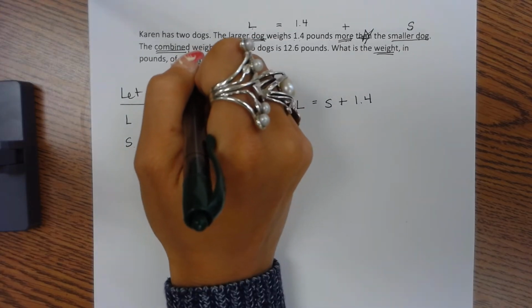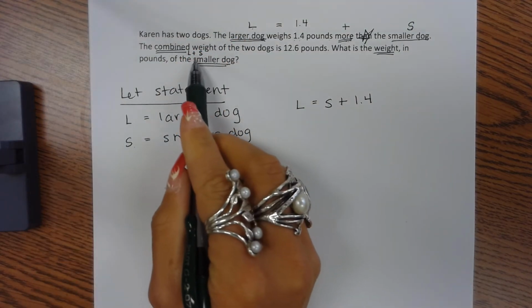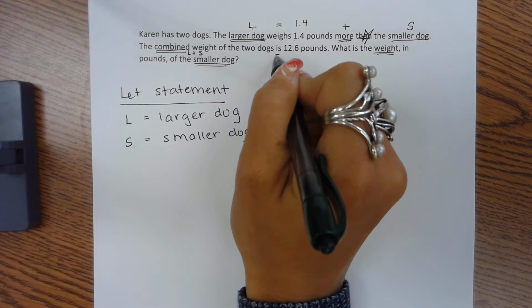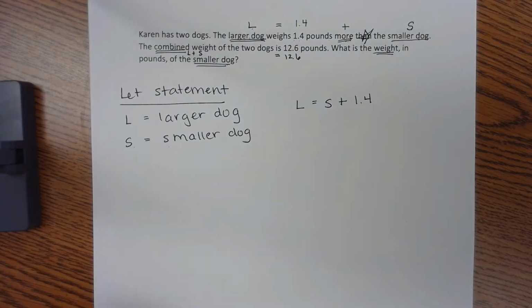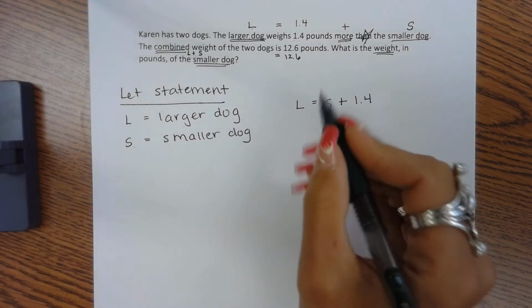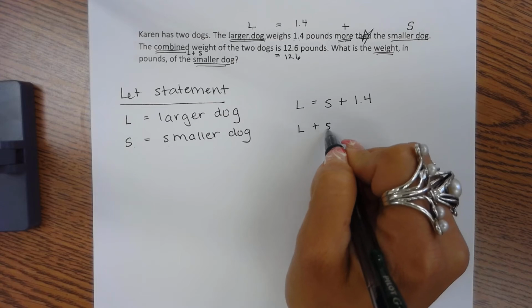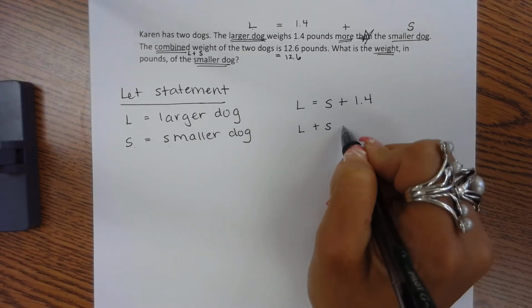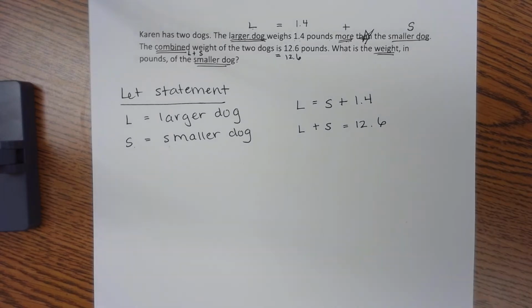The combined weight together is 12.6 pounds. So how would we write that? L, the larger dog, plus S, the smaller dog, is 12.6 pounds.